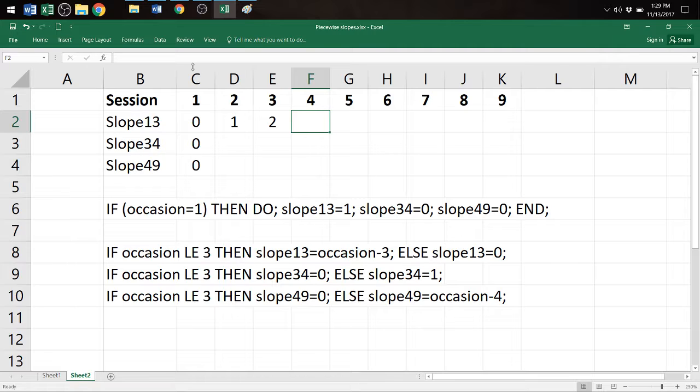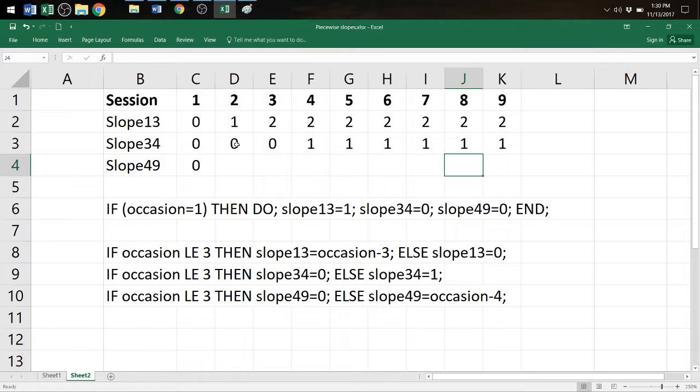Now it needs to shut off. 2, shut off where it left off. Is it occasion 3 yet? No. Is it occasion 3 yet? Yes. Now it's going to go to 4, right? 1, shut off where it left off. Is it 4 yet? There. Now we're into this piece. 1, 2, 3, 4, 5.